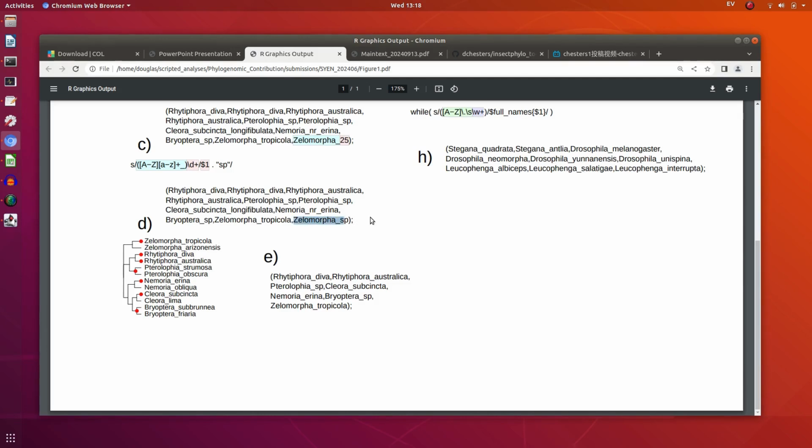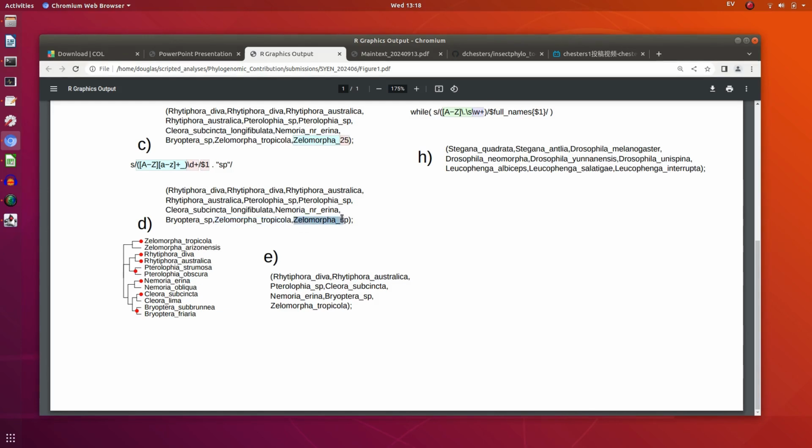This is very, very common. Now, bear in mind, we're trying to assess how many species are in this thing, and we don't have the information to determine whether this could be the same thing or not. So we need to be conservative. So that needs to be removed, and we're just left with Celomorpha tropica.